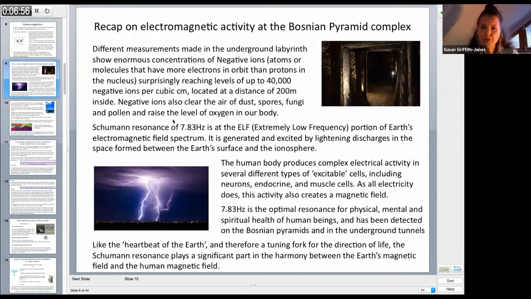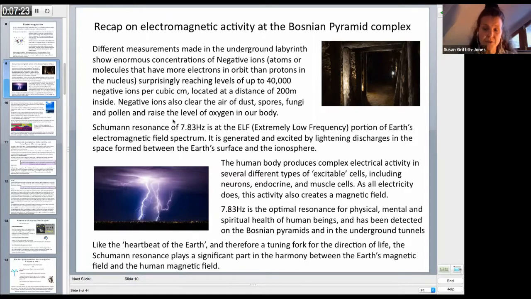The human body also produces complex electrical activity in several different types of excitable cells, including neurons, endocrine, and muscle cells. So in other words, at different levels of the human body there is activity. And as all electricity does, this activity also creates a magnetic field. 7.83 Hertz is the optimal resonance for physical, mental, and spiritual health of human beings.